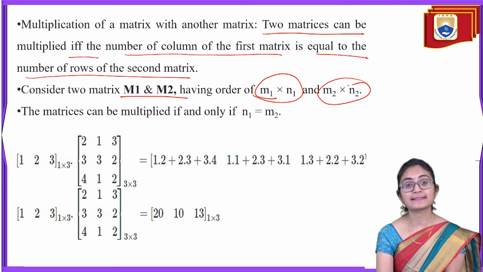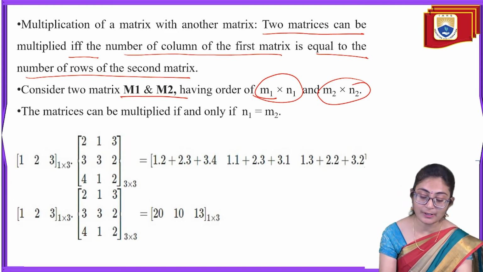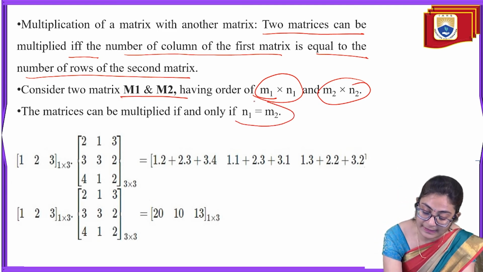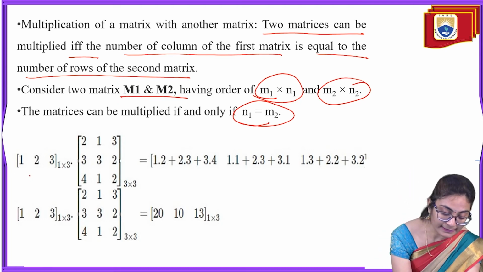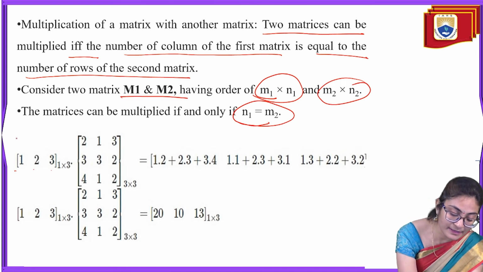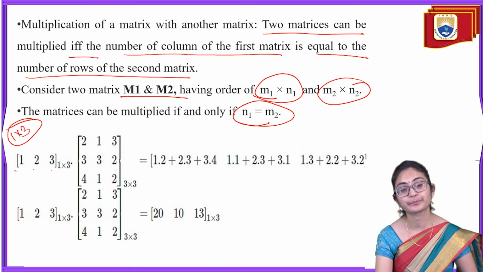These matrices can be multiplied if and only if N1 is equal to M2. Now you can see that here 1, 2, 3. That means this is our matrix which has a dimension of 1 by 3.